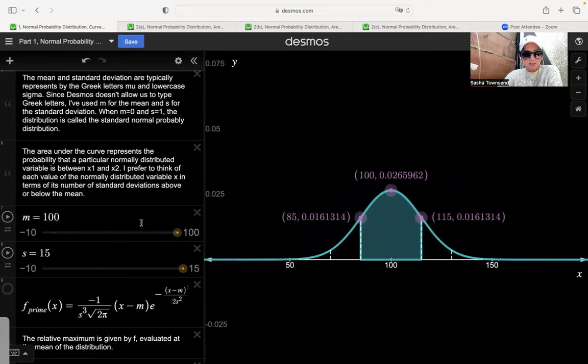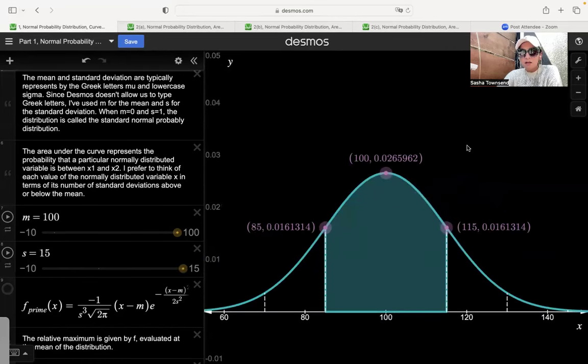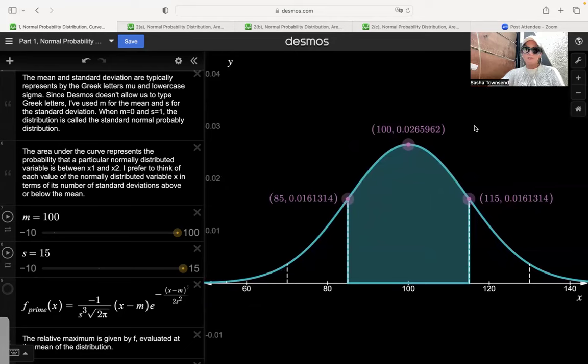But the area under the curve remains the same. So all these normal probability distributions have the same basic shape, but the area between a certain number of standard deviations and another, like between one number of standard deviations below the mean and another number of standard deviations above the mean usually, and they don't have to be on the left and right of the mean, but usually they are, between those two values is the same, regardless of the value of mu and the value of sigma.